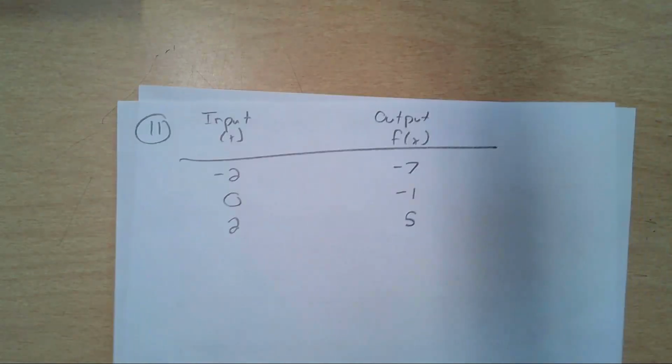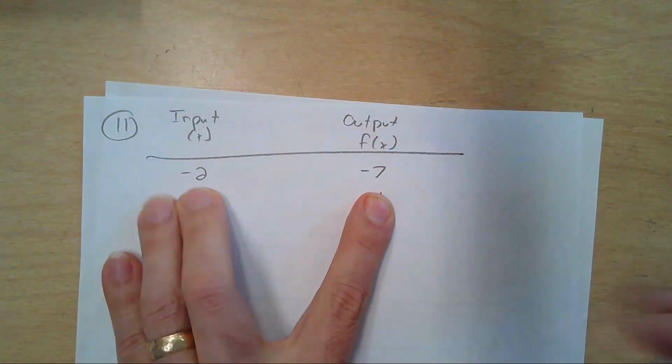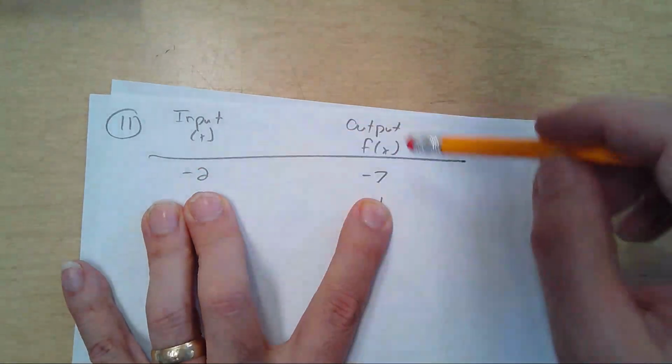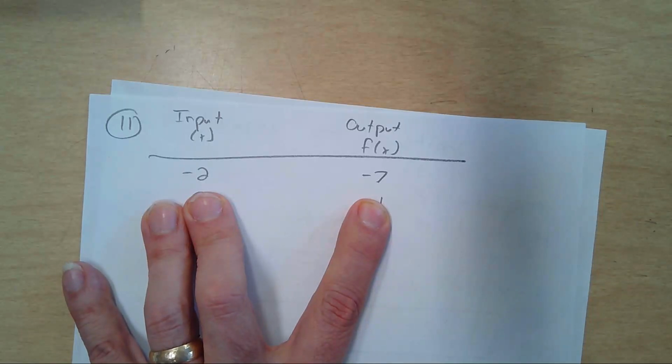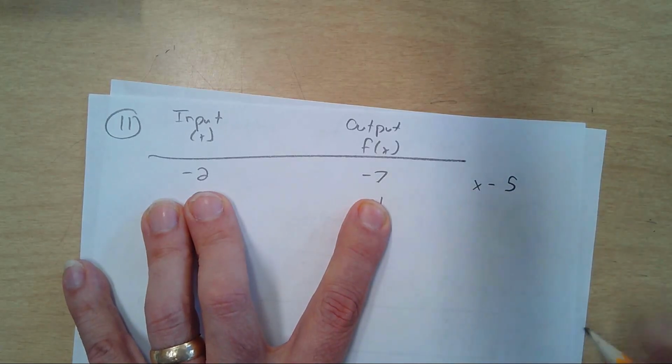And again, the first things I'm trying to run for first are my adding and subtracting. So I was at -2, I ended up at -7. What did I do? Yeah, I took x and I subtracted 5.